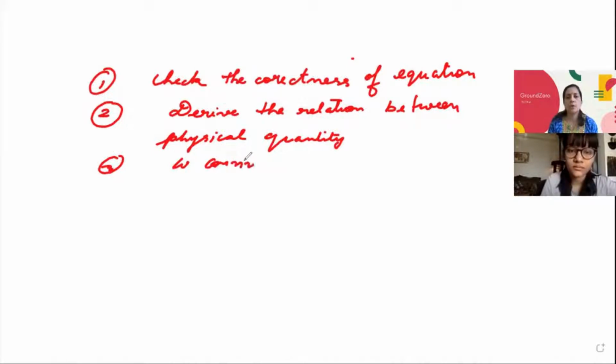So now we'll start with the first one. Before starting with the first one, do you have any idea what the principle of homogeneity is? Principle, I've heard of it. Okay. So the first thing is to check the correctness of the equation. For that, you should know what the principle of homogeneity is.